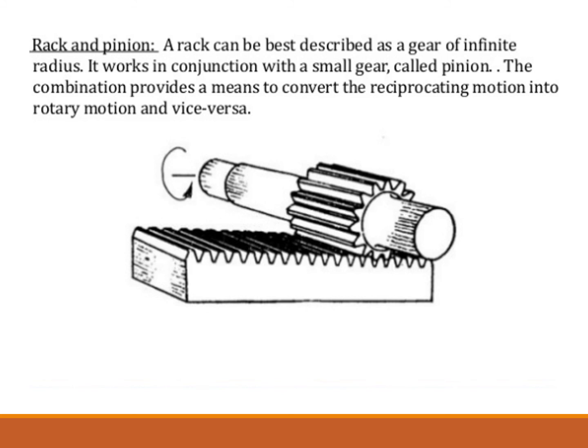The rack and pinion arrangement is used in feeding mechanisms and for reciprocating drives. A rack gear may have either straight or helical teeth. Rack gears are cut with equipment much the same as that used for cutting a spur or helical gear.